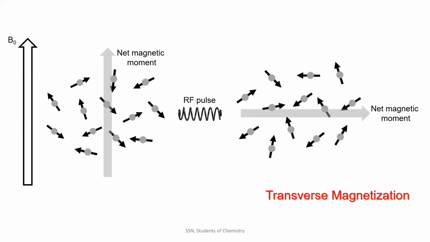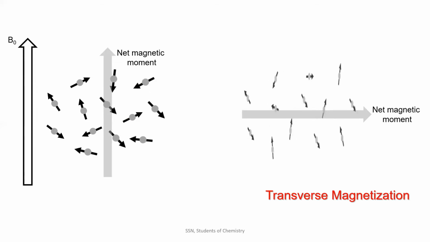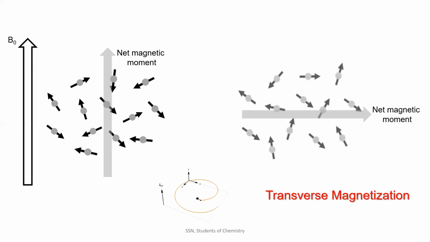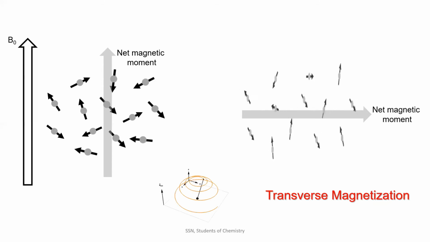As soon as we switch off the RF pulse, guess what? Our spins, which are precessing at this new axis, will slowly go back to their original axis. Will slowly go back to thermal equilibrium, more clearly. So they will start what we call dephasing.